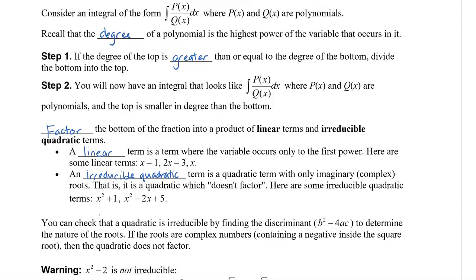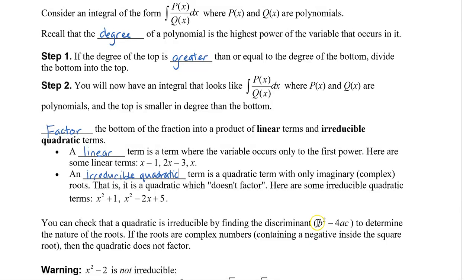Now you can check if the quadratic is irreducible by finding the discriminant. Remember, that's b squared minus 4ac, to determine the nature of the roots. And if you get a negative value, then we know that it's a complex number. So that means that the inside of the root, if you want to think of it in terms of the quadratic formula, is going to be negative. And then the quadratic doesn't factor.